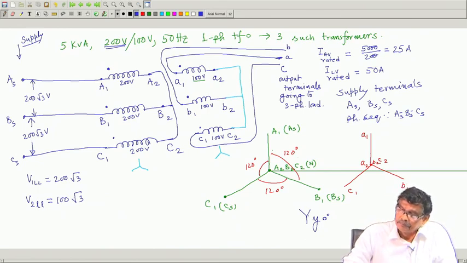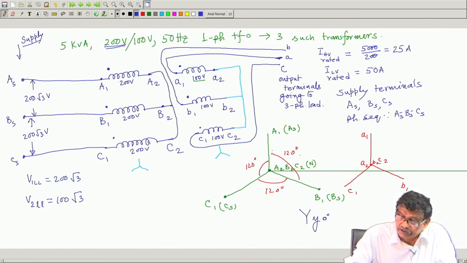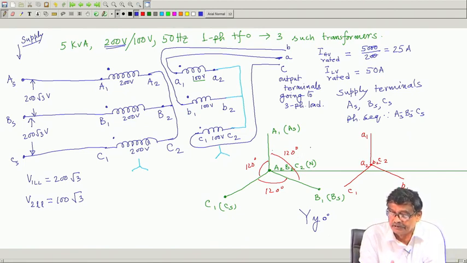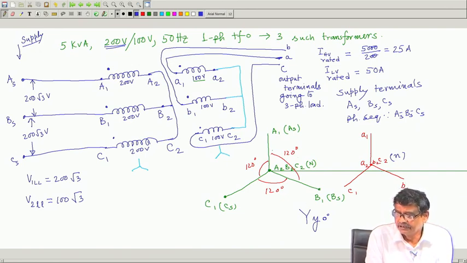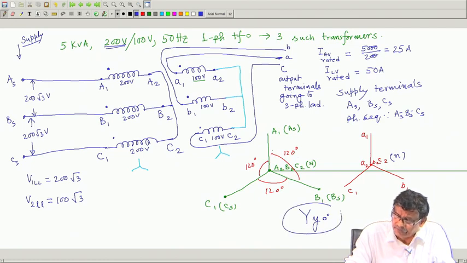It means that the primary and secondary are star connected, and the phase displacement of the a phase voltage with respect to neutral of the secondary side and the a phase voltage with respect to neutral of the primary side, they are the same, no phase displacement. Here B1, B2, this is the secondary neutral N. So, with respect to neutral, B phase voltage is in phase with B phase voltage of the primary side, B1 with respect to neutral. So, sometimes it is called Yy0.